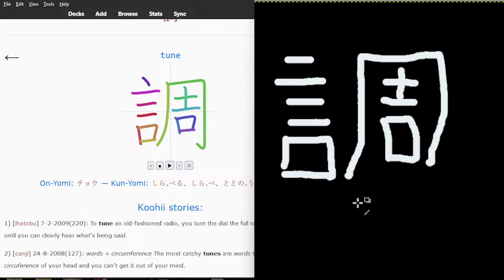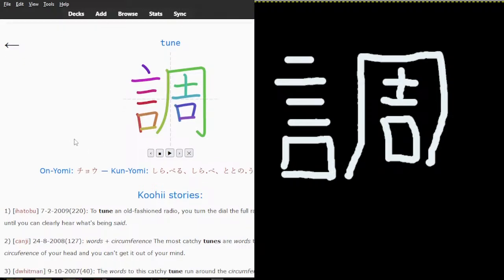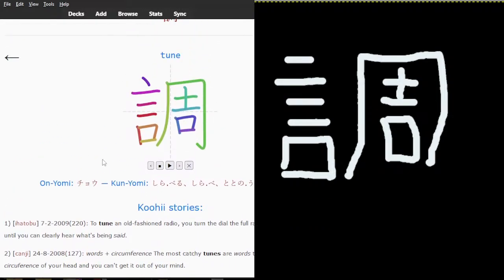I'm writing on a pad of paper, so it looks nicer. But I'm not going to sweat the small stuff, trying to be fast. Okay, anyway. Tune.